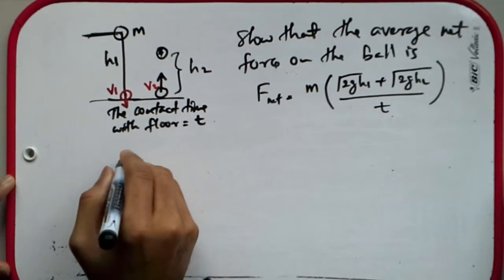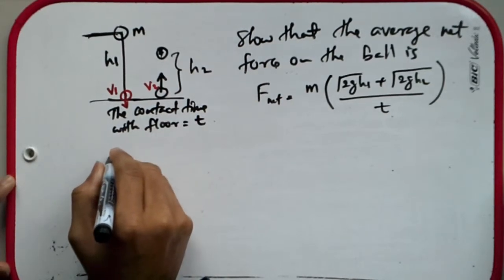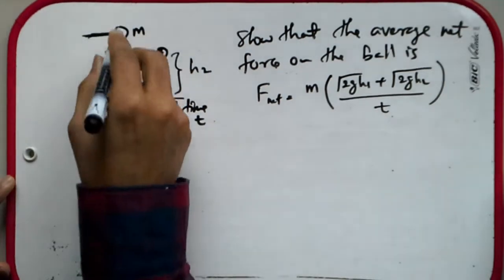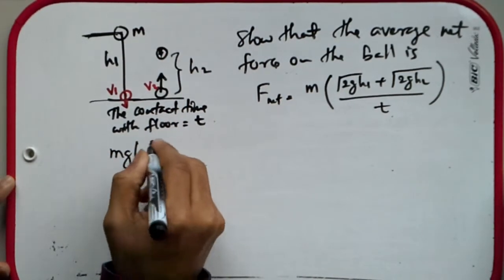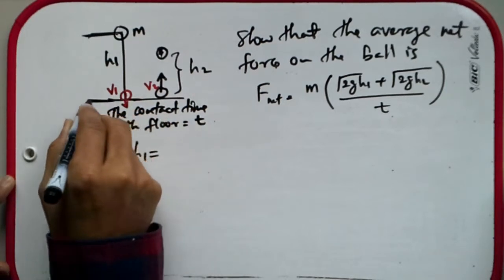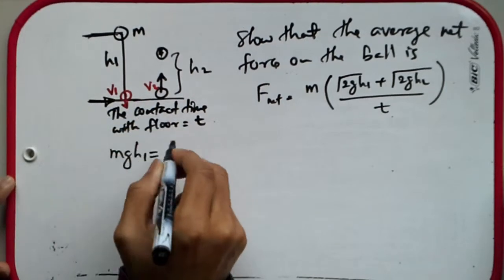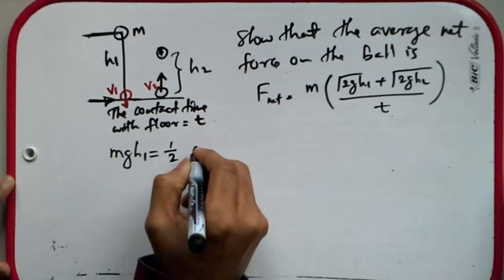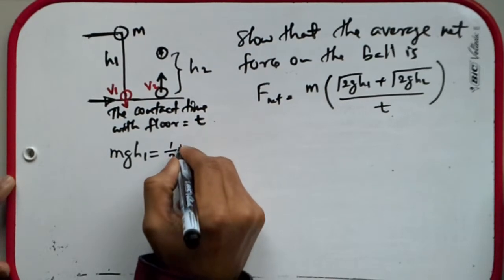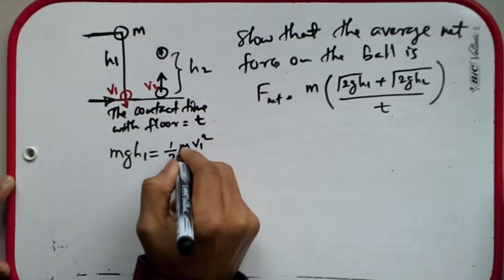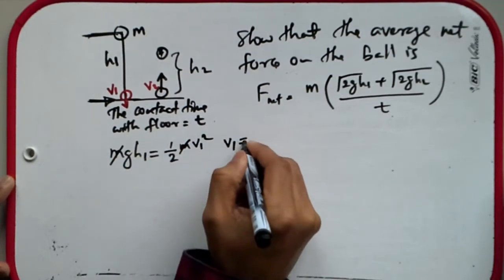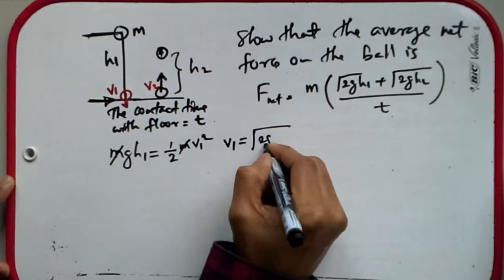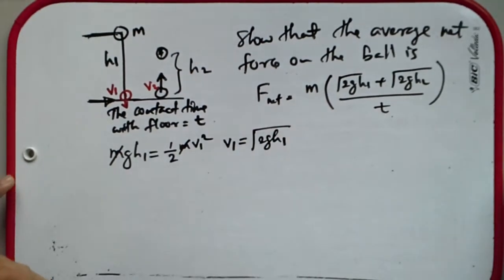If you apply the conservation of energy, you will get the total energy here mgh1, which should be equal to the total energy here. The potential energy becomes 0, so you have only kinetic energy, which is half mv1 squared. So you can cancel out m and m. So v1 will become square root of 2g h1.